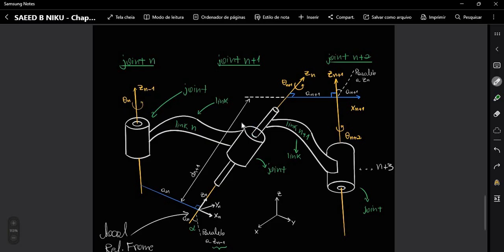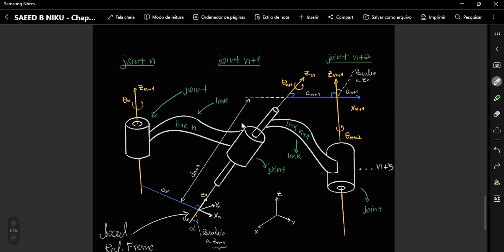Again, something that I wanted to call your attention to, and you have to pay attention to this right here, the axis of the joint n is z index n minus 1. Right here on the joint n plus 1, we are assigning its axis as zn, followed by the joint number n plus 2, whose axis we are naming as z n plus 1.